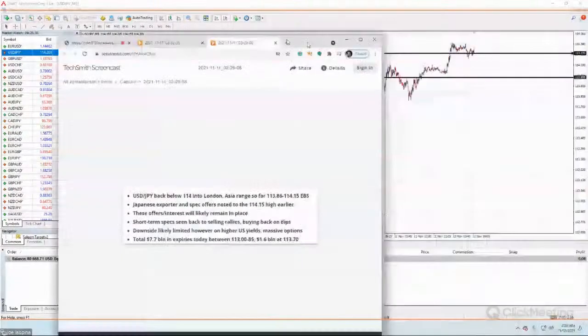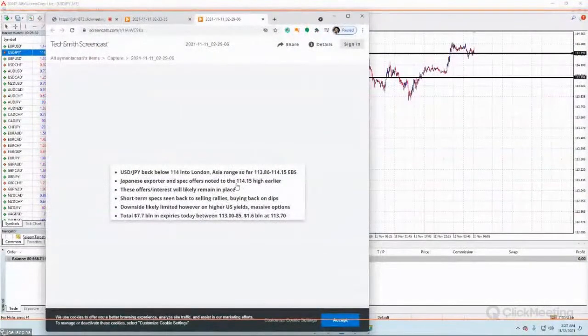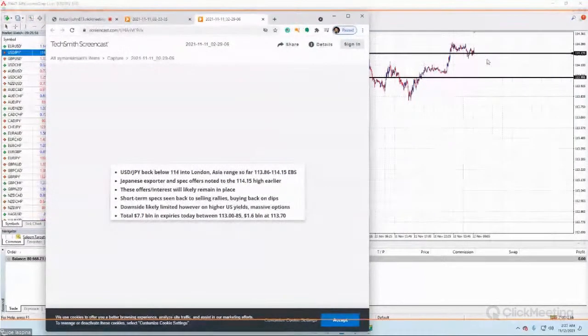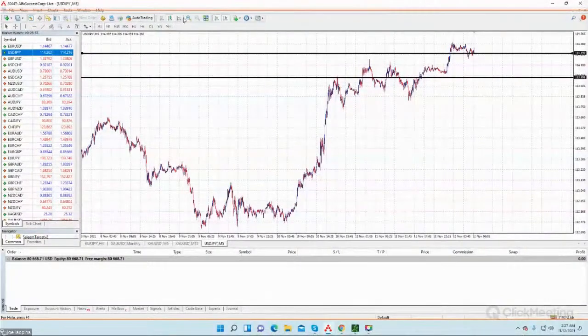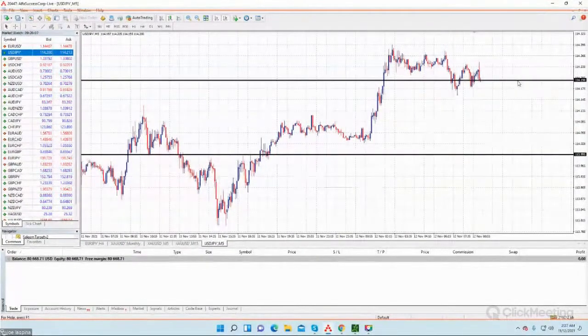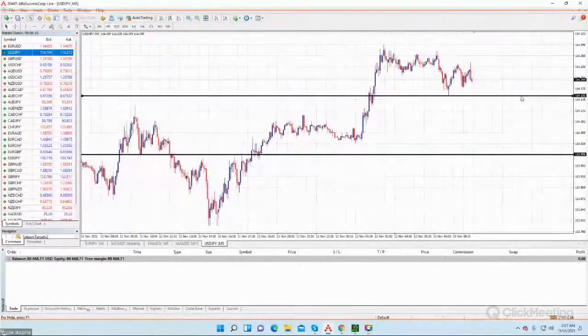So they have Japanese exporter, they have an offer around 114.15. So you can see we are trading exactly about 114.15. 114.15, it's right here.